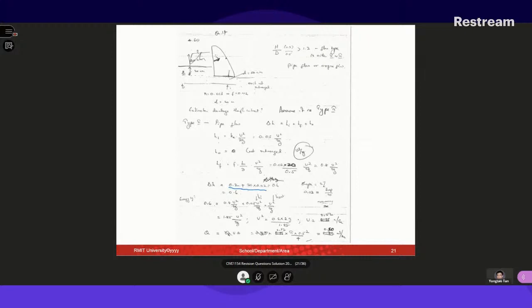Using these equations, this is the friction loss, minor loss, and head loss. Delta S means the head change. So the head change equals the friction loss, minor loss, and the head loss.